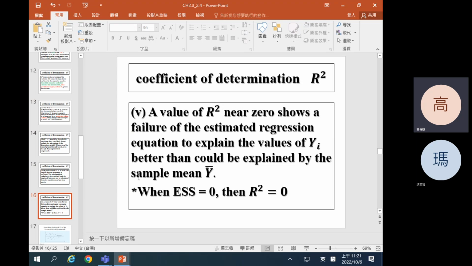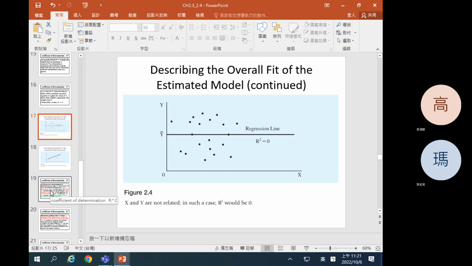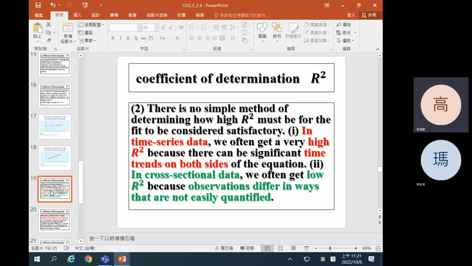Okay, it will depend on different values of x, and we can expect the y hat instead of just y bar. Okay, this is what I'm trying to say.